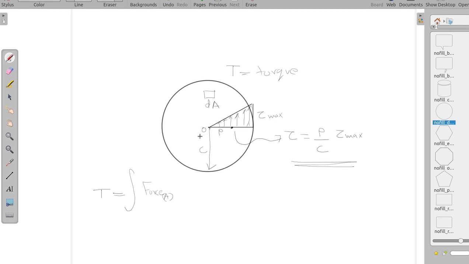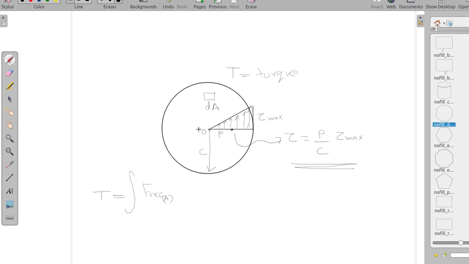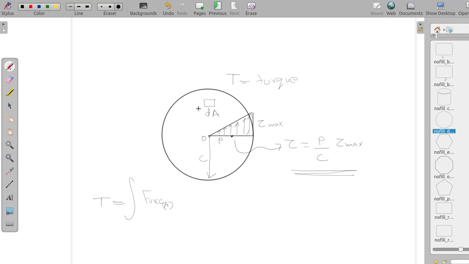Let's just say rho. Here also I have taken rho. Rho is a variable, okay. Rho is the distance between dA and the axis.